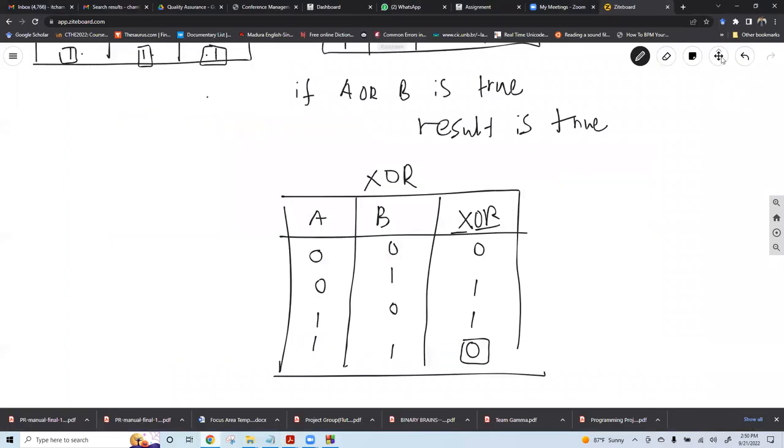Like if we have two values, let's say 8 and 5, and you use bitwise AND, then what we do is we convert this into binary and do the operations on that.